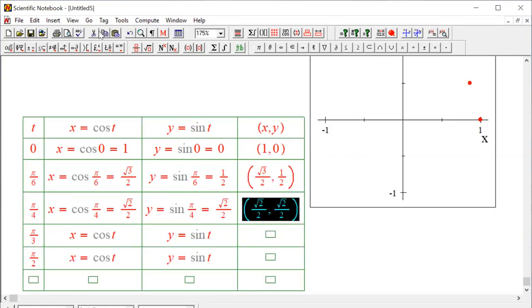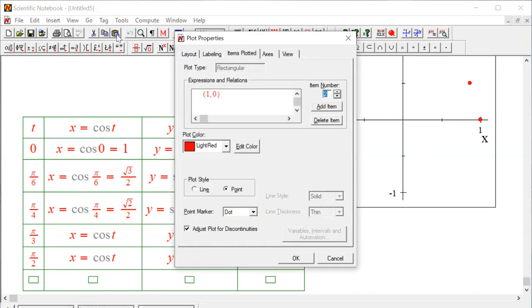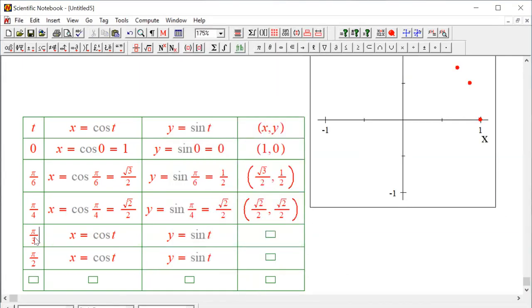Okay, so the next point is going to be plotted there, and pi over 3, right? Pi over 3, cosine is going to be half, and sine is going to be root 3 over 2.